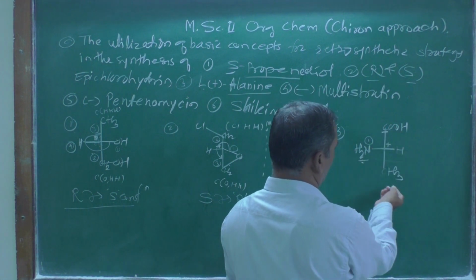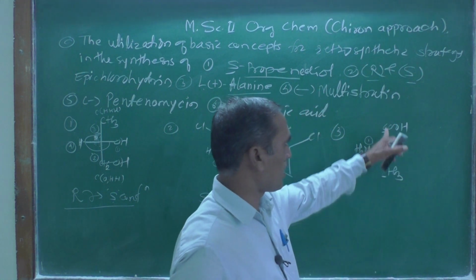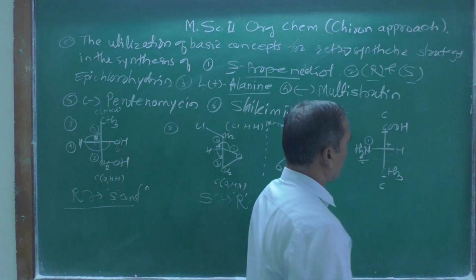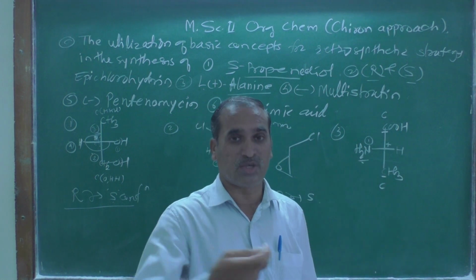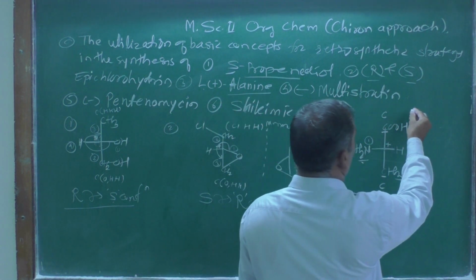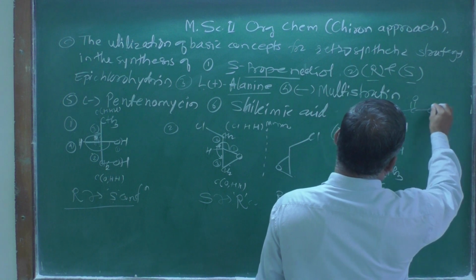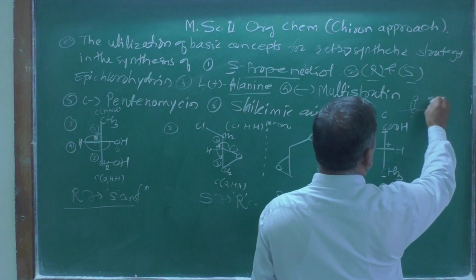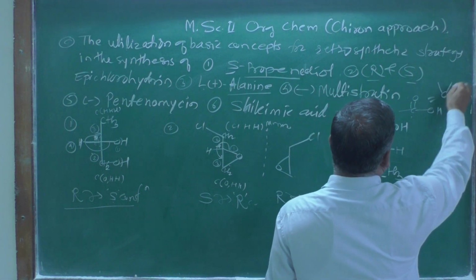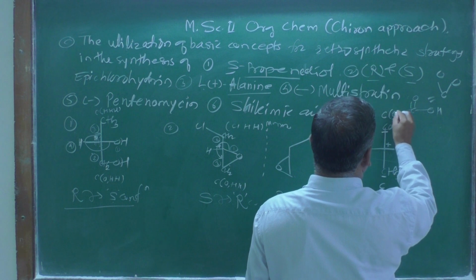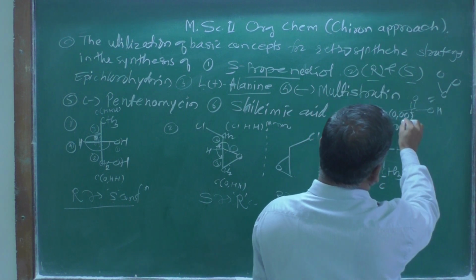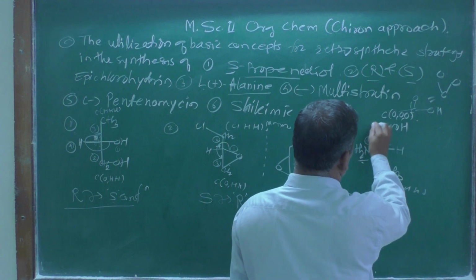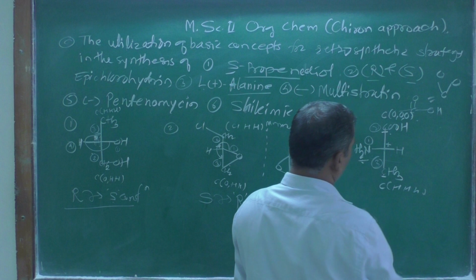Among these, this is a carbon atom and this is also a carbon atom, so both need the second rule. Apply the third rule: the carboxylic group, C double bond OH, is nothing but COO, so three oxygen atoms are added here, and the other carbon has H and H. So ultimately this is the second one, and this should be the third one.